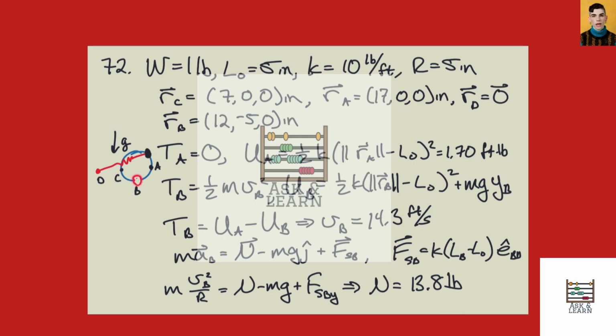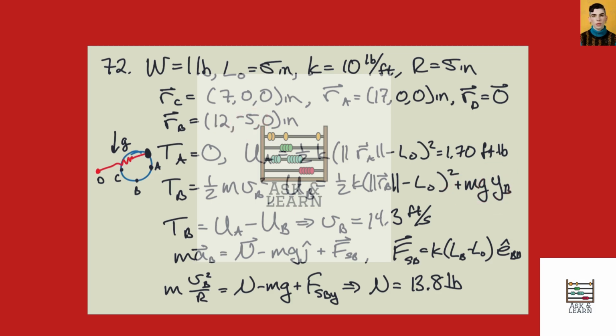The kinetic energy at point B, where we're asked to find the velocity, has a kinetic energy given by this, and then the spring is again stretched at this point, so the length of the spring is the magnitude of this vector. And now we've lost some potential energy because y_B is now negative, so we have that from gravity.